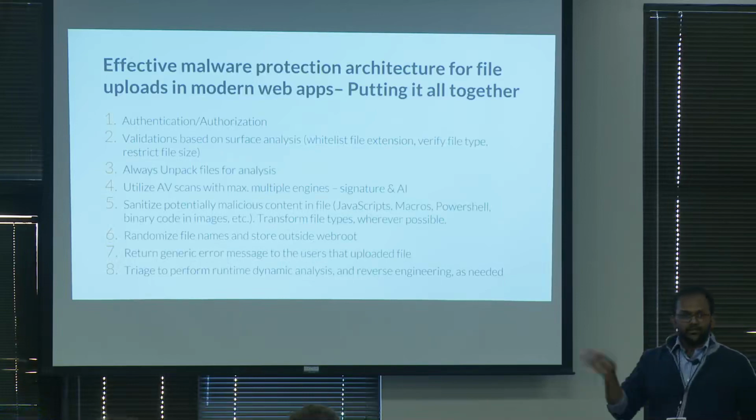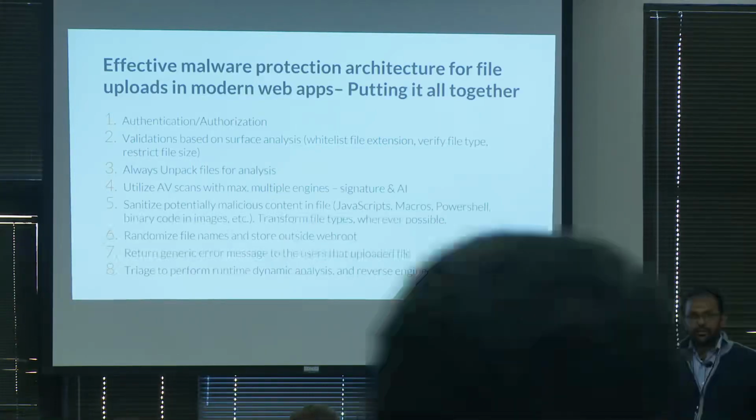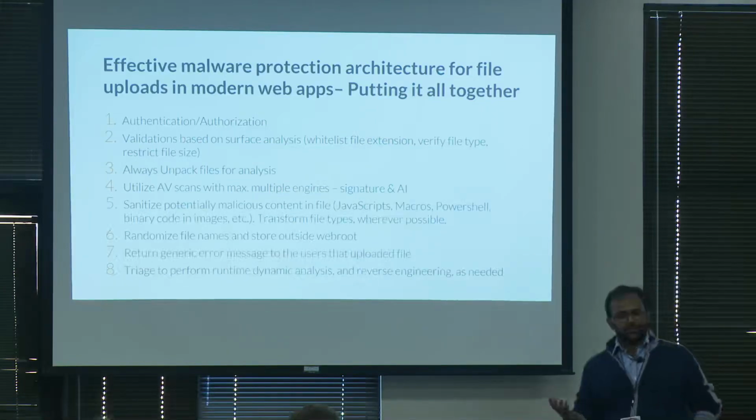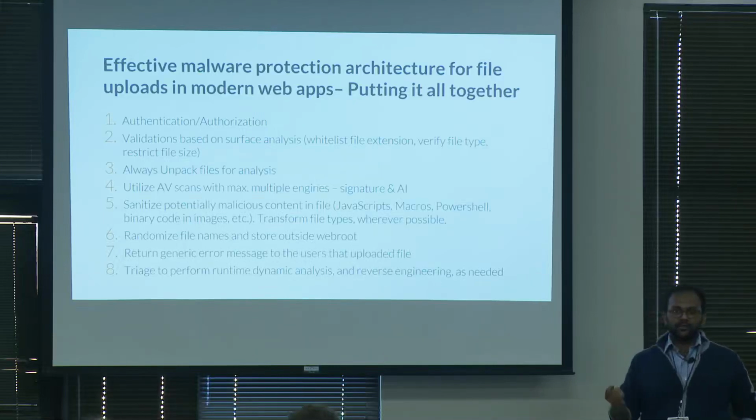Third, always and every time unpack the file for analysis, and analyze after unpacking it. Number 4, utilize the AV engines, though they have drawbacks. It helps get that first opinion on whether that file is bad or not.